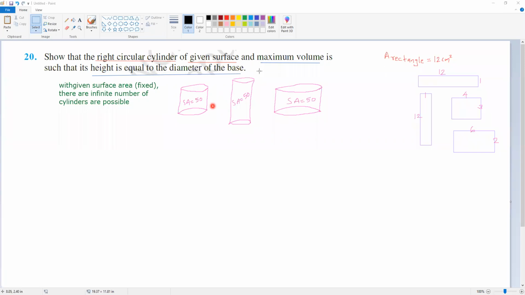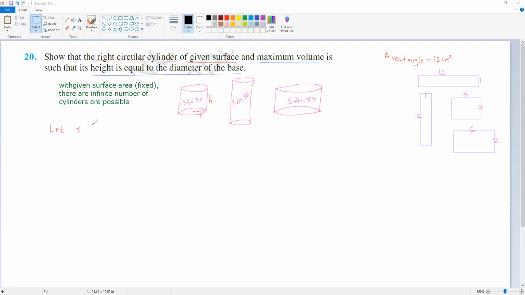Yes, sir. Okay. Now, we don't know what the radius and height are, so we can take any figure.